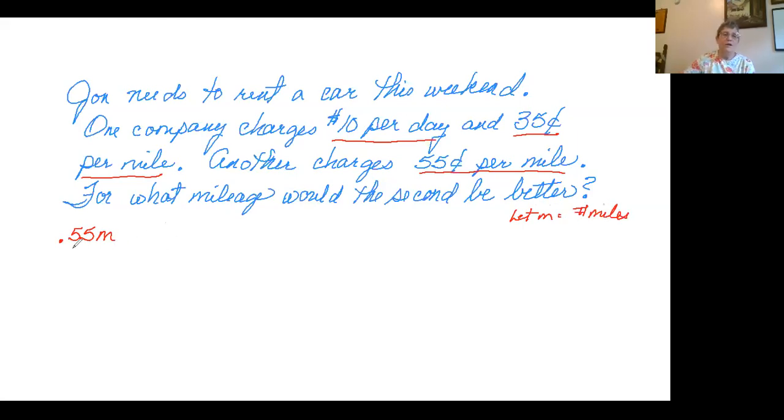And we want to know when 0.55 M is going to be less than, it's kind of optional whether we put less than or equal to, what we're going to pay the first company, which is 35 cents per mile, so 0.35 M plus $10.